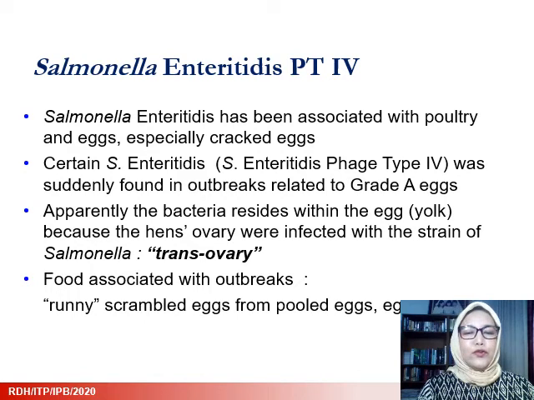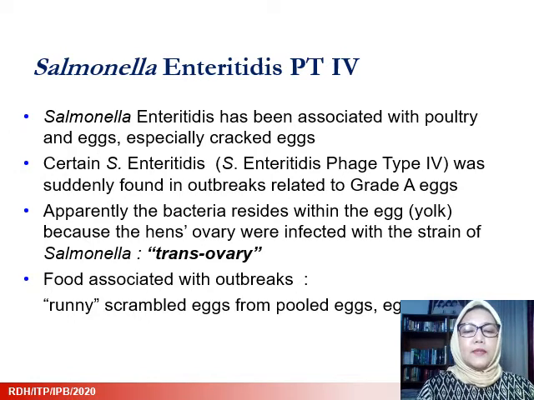An example for group 4 is Salmonella enteritidis phage type 4 or PT4. As you all know, Salmonella enteritidis has always been associated with poultry and eggs, especially cracked eggs that allow this bacterium to enter the egg.